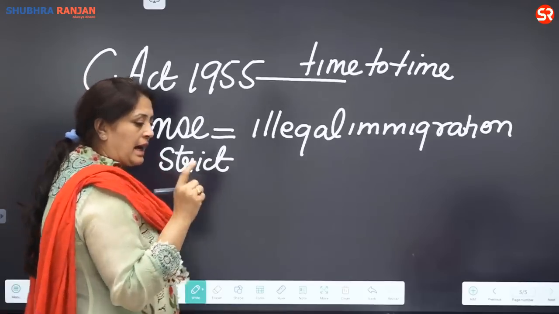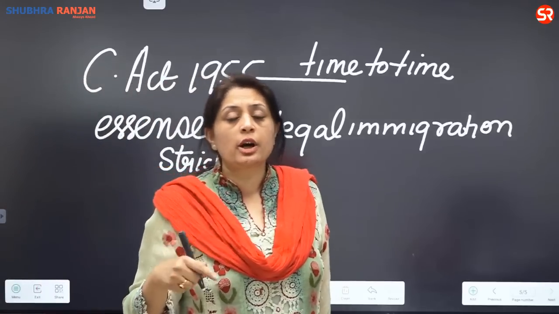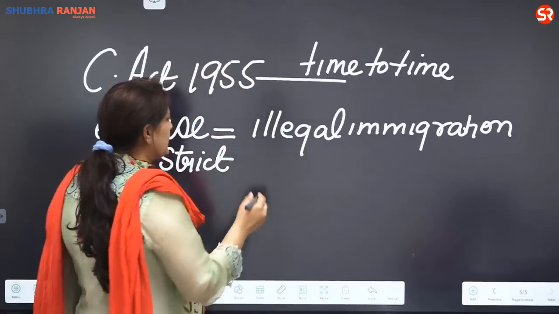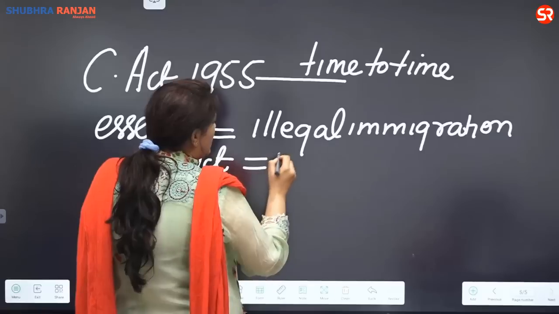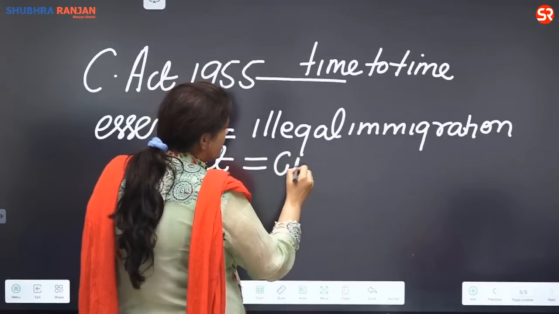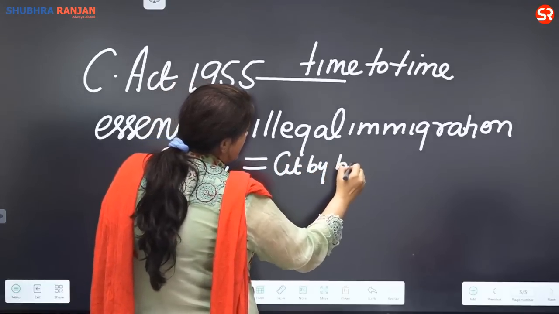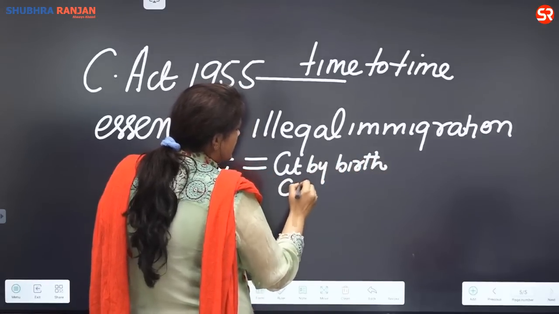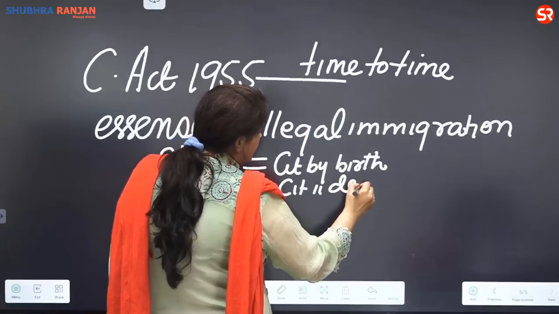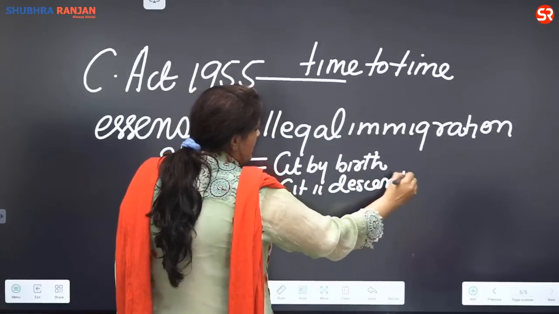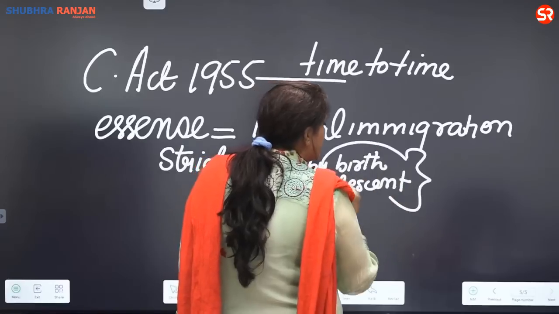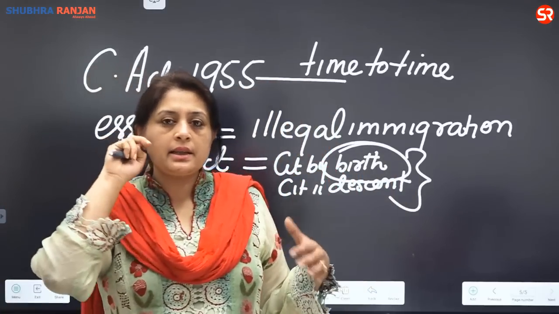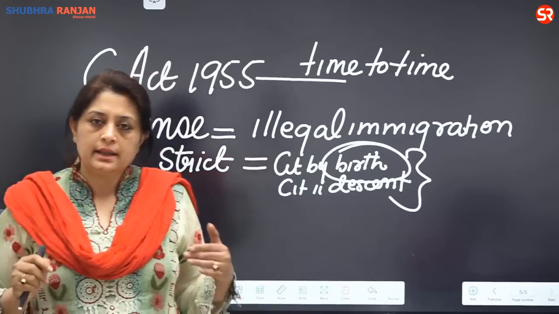Fine. And unlike the US, where if you are born in that country you get citizenship, India has moved towards not just citizenship by birth, but also citizenship by descent. So anybody born in India is not a citizen unless his parents are also Indian citizens.